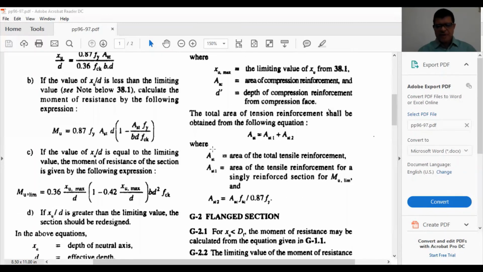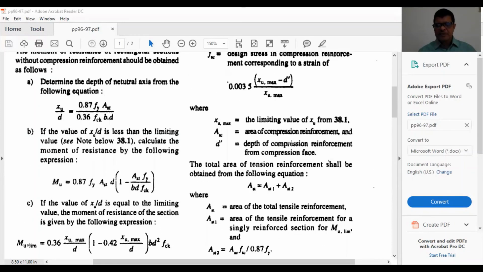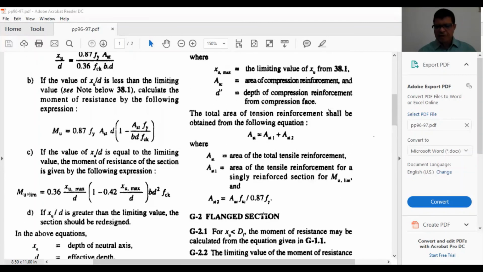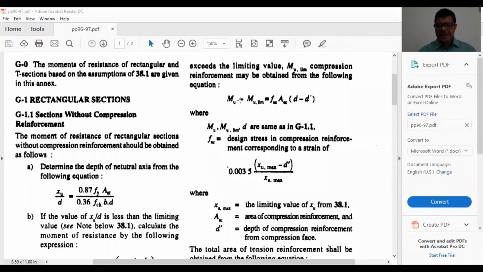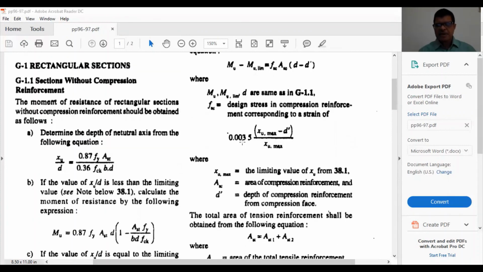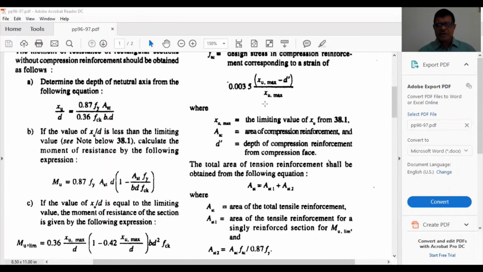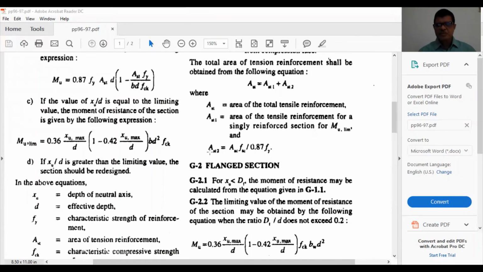Now, how to find total steel AST? AST is equal to AST1 plus AST2. AST1 corresponds to the area of tensile reinforcement for a single reinforced section for MU limiting. If you have already found FSC and ASC is known to you, then you can find the value of AST2.